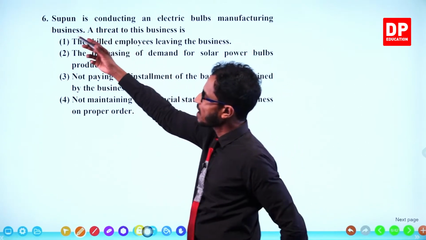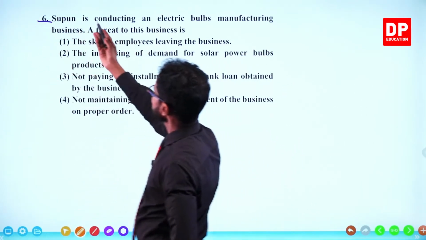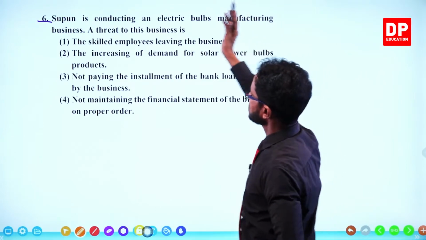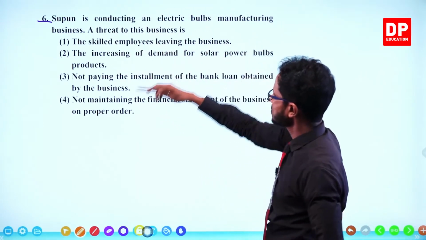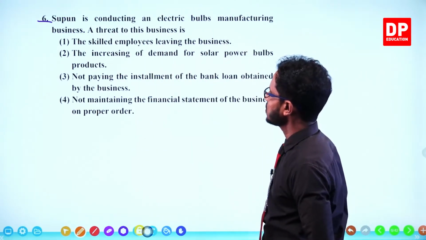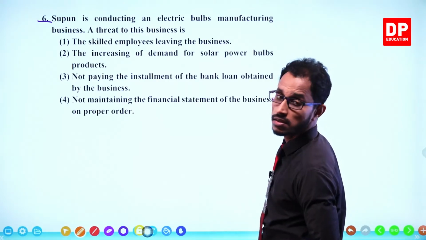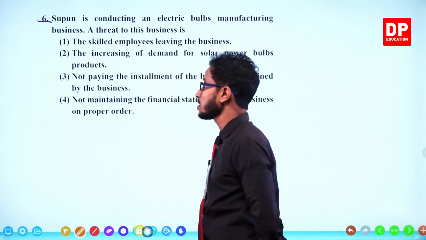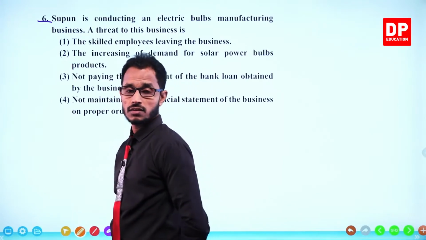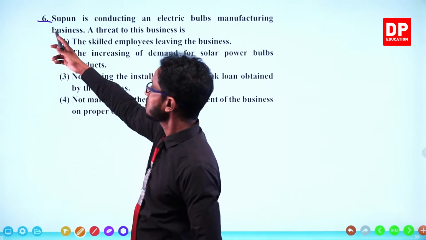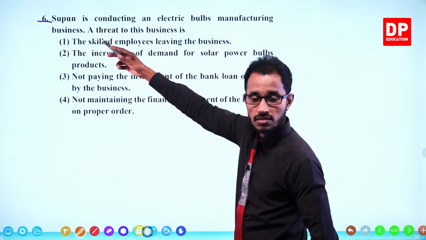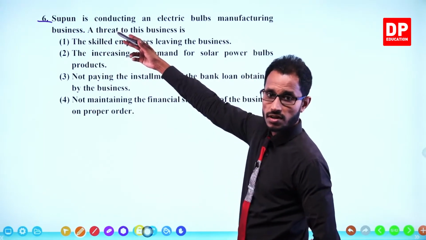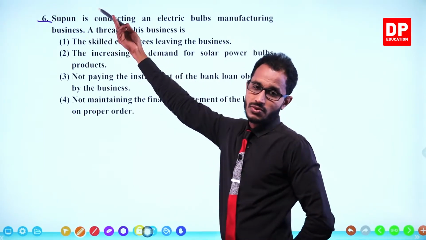Next question, the 6th one. Supun is conducting an electric bulbs manufacturing business. What is a threat to this business? Supun must be a young guy. We don't care.